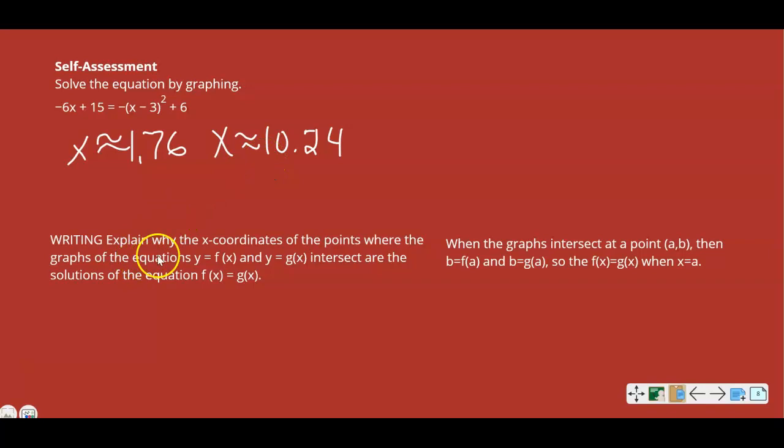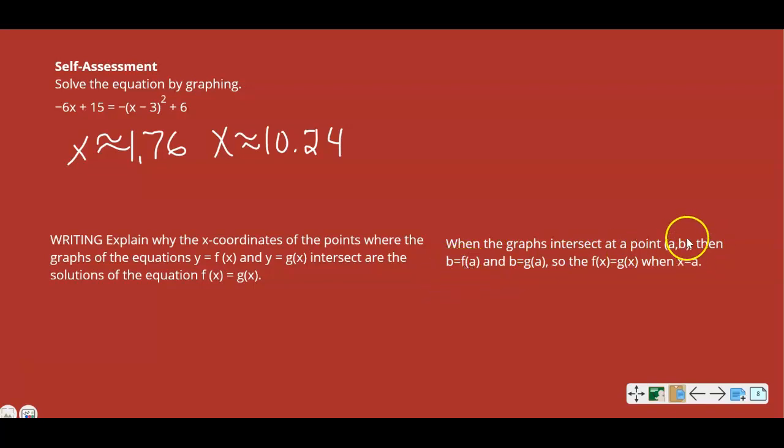All right, this one says explain why the x values, or the x-coordinates of the points where the graphs of the equations y equals f of x and y equals g of x intersect are the solutions of the equation f of x equals g of x. All right, so the mathematical answer here is when the graphs intersect at a point, then b equals f of a.